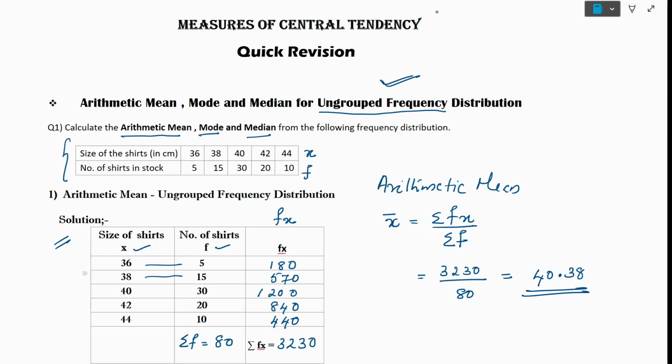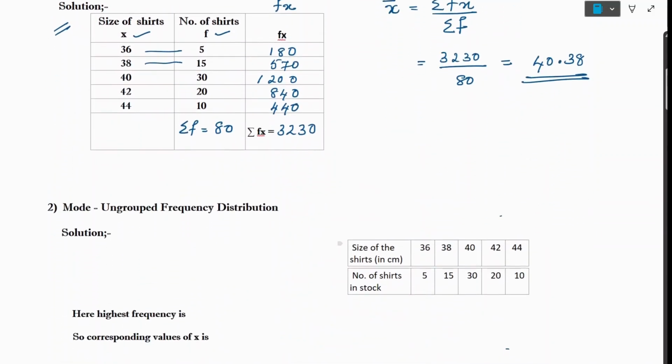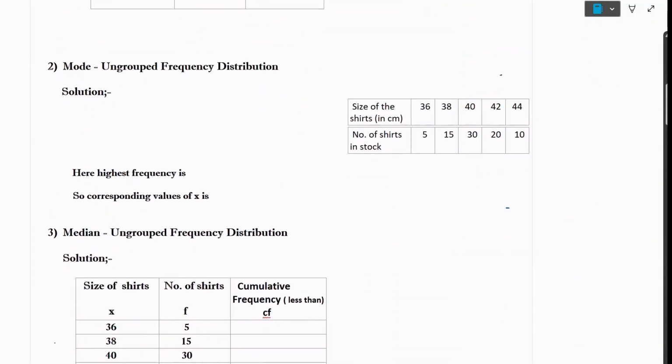Now, we are going to consider the mode. Next, mode from the same question. I just copied the question here. Mode is one of the easiest measures to calculate from the measures of central tendency. The mode is a number that occurs most frequently in a given data.